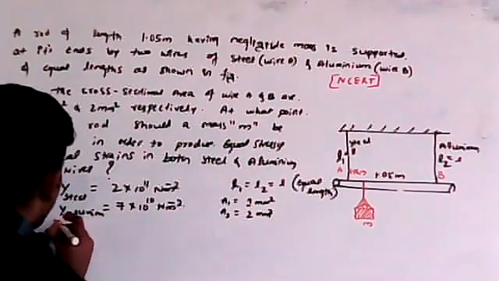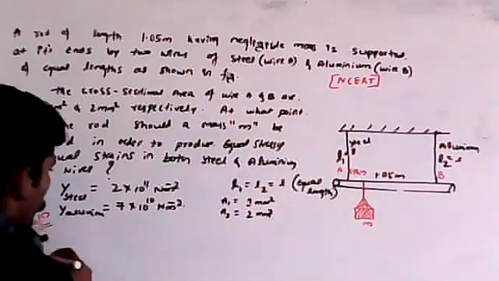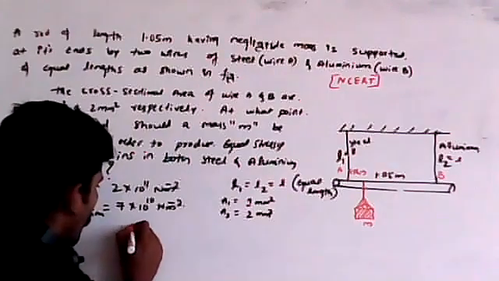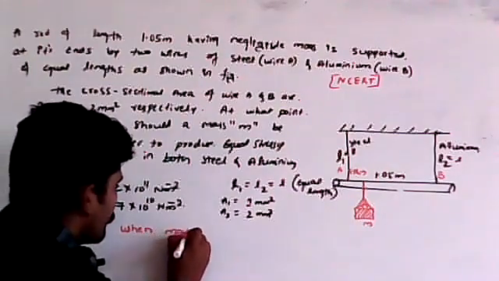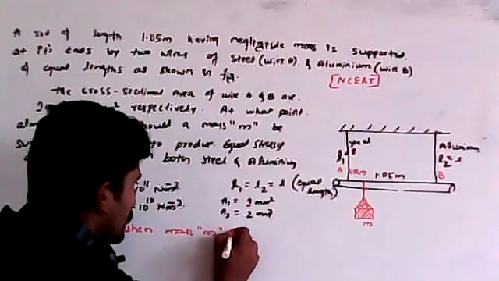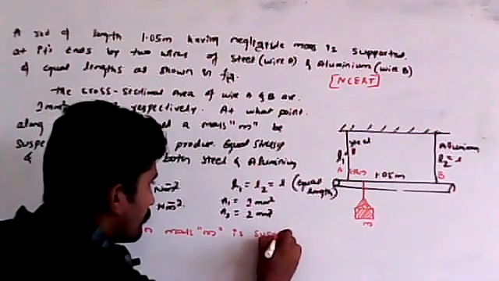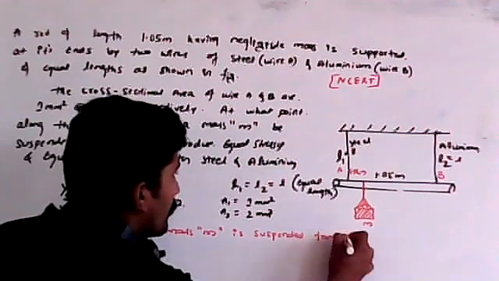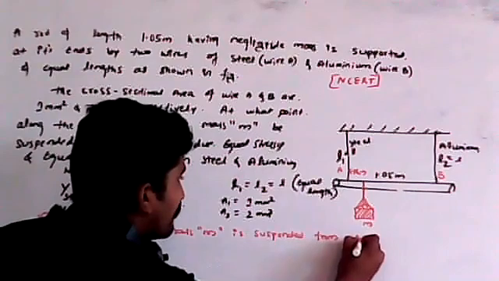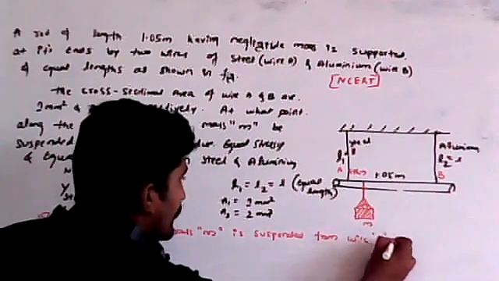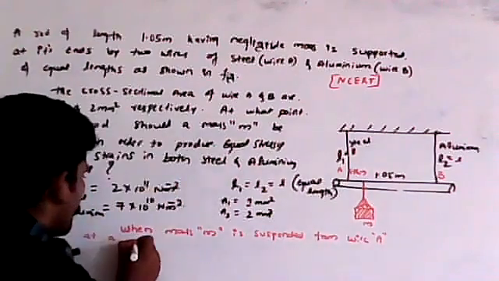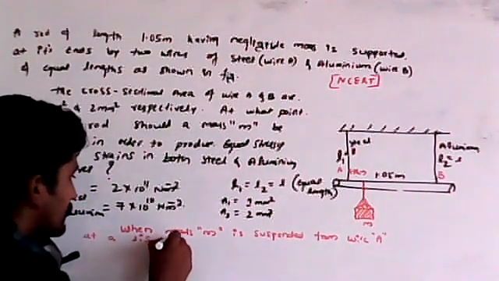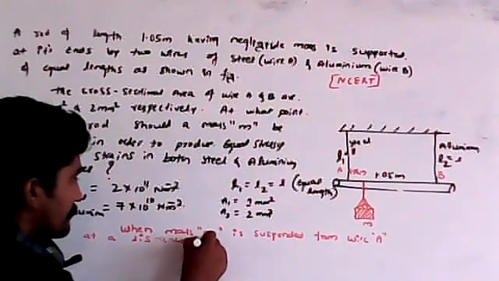Solution for this: when stress is equal, when mass m is suspended from wire A at a distance, what is that distance? I have to write that distance, x.